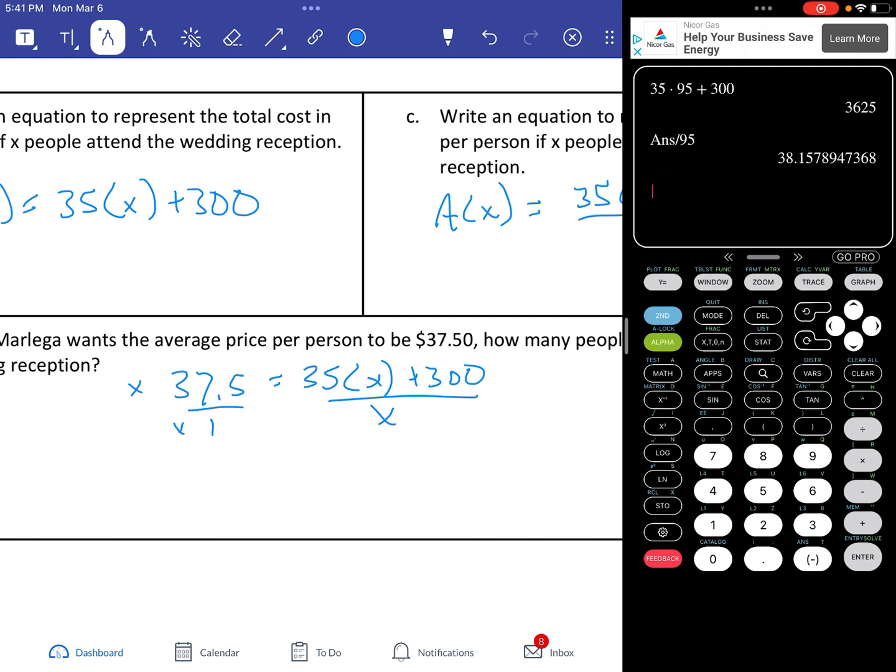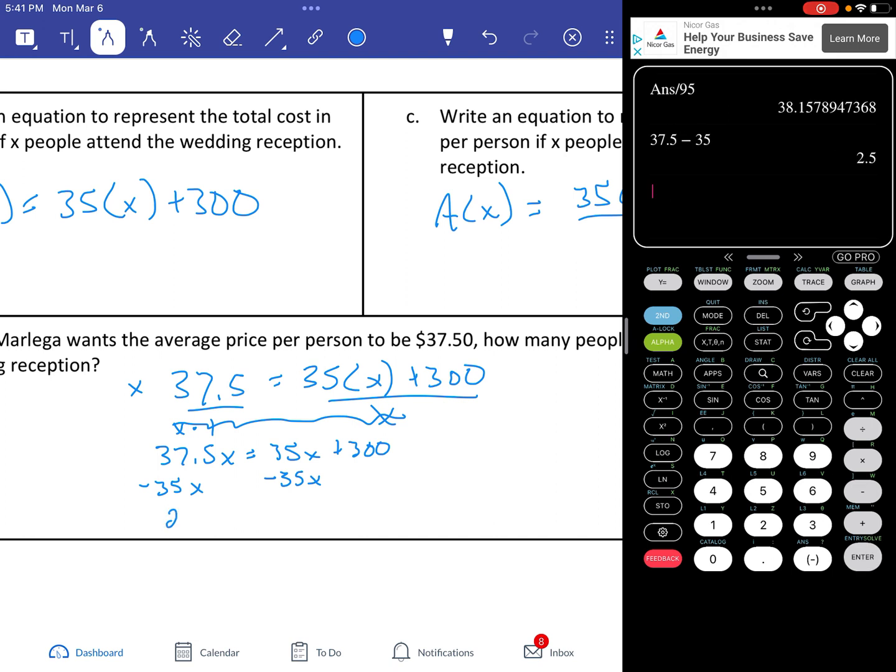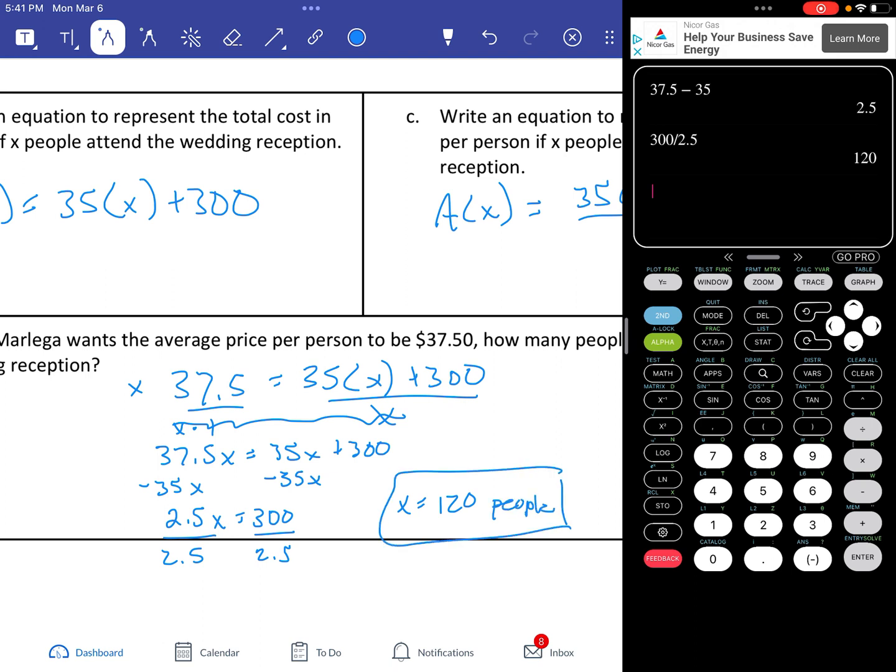And now since they both have x's, we can get rid of that. 37.5x equals 35x plus 300, subtract 35x from both sides. 37.5 minus 35 is 2.5. Divide that by 2.5, and 300 divided by 2.5 is 120.